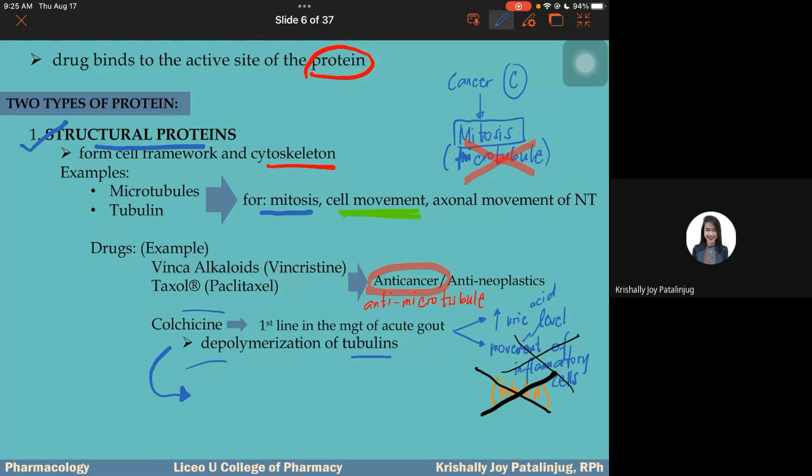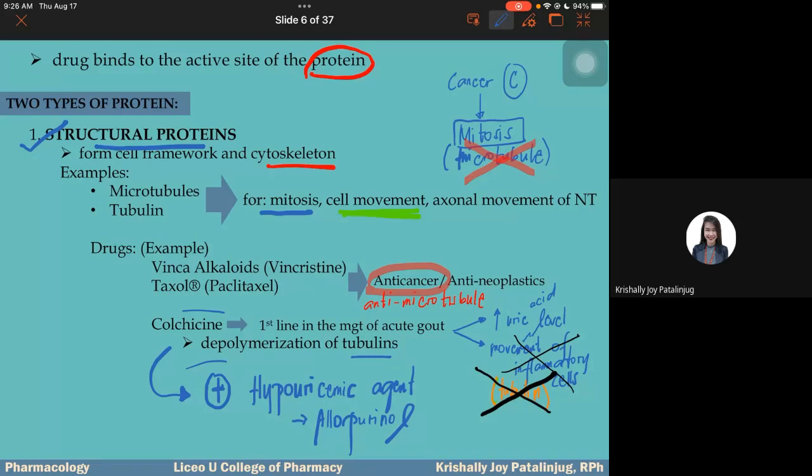That is why when colchicine is prescribed, it is given together with another drug for gout as well, which will target this time the high uric acid level. They are usually given together with a hypouricemic agent. Good example of a hypouricemic agent is allopurinol.